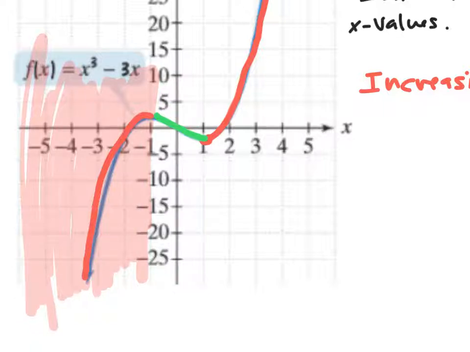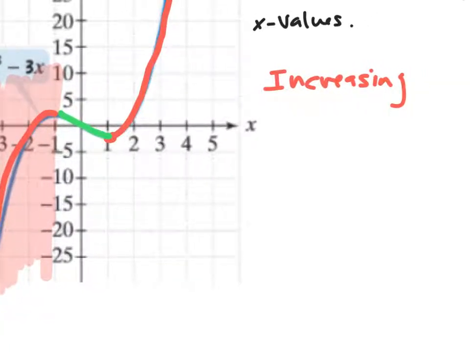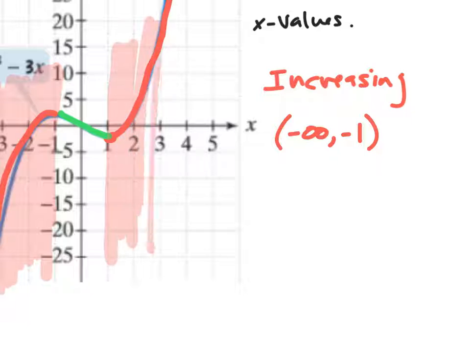So we're increasing over that interval of the x values from negative infinity to negative 1. And then we're also increasing from positive 1 all the way to infinity.